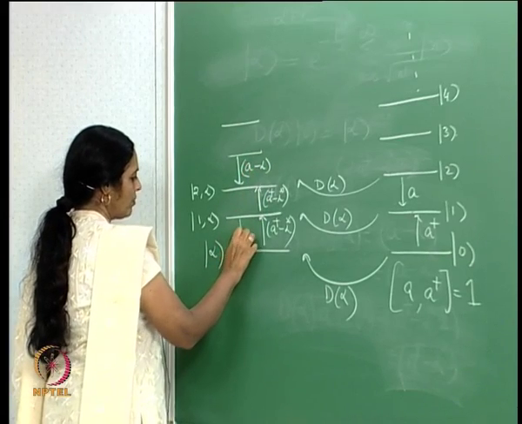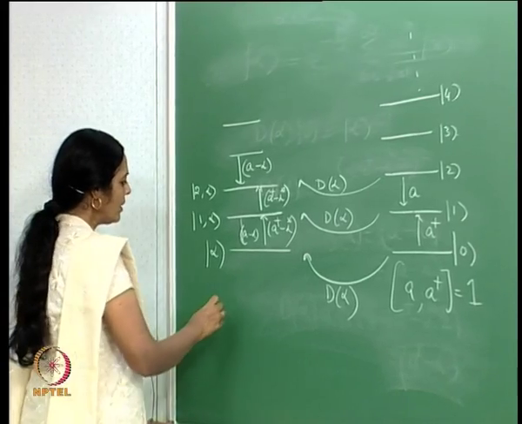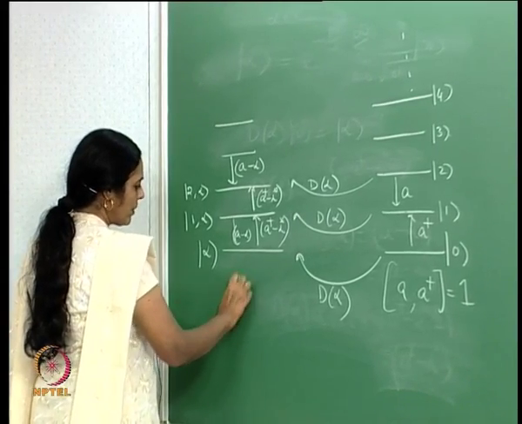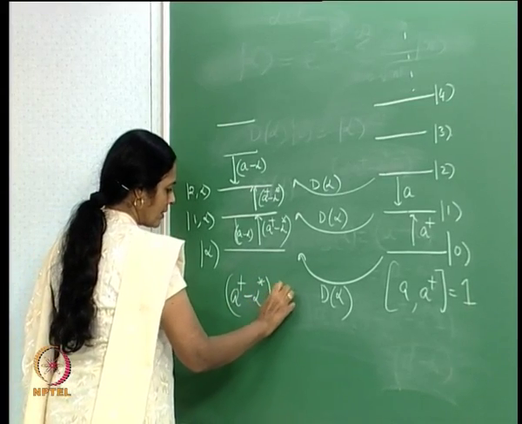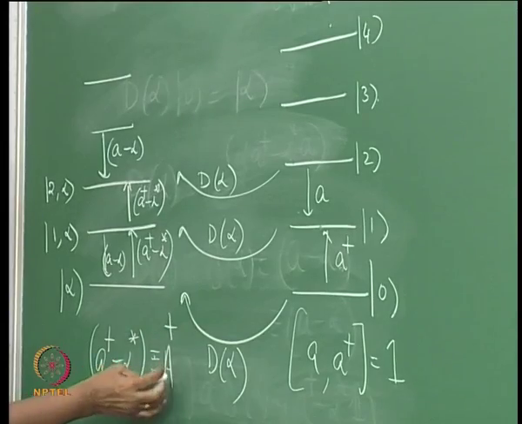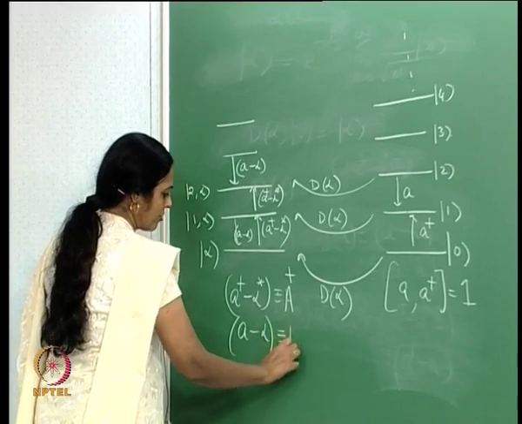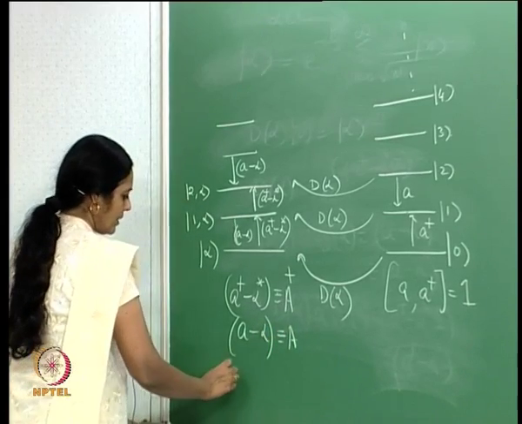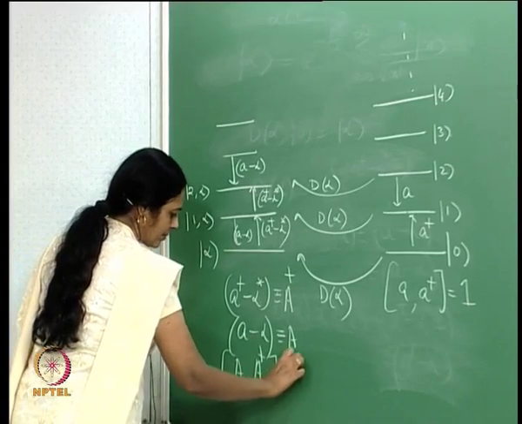I can go here using A minus alpha. It is clear that if I represent little a dagger minus alpha star as capital A dagger, and little a minus alpha as capital A, it is evident that the commutator of A and A dagger is 1.